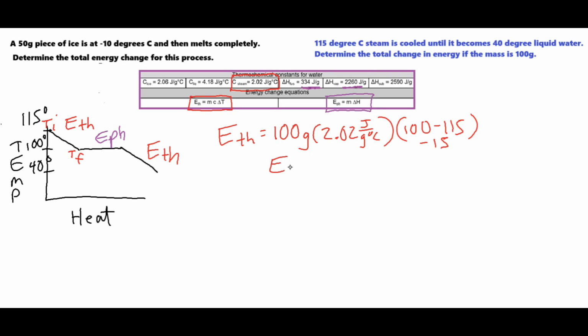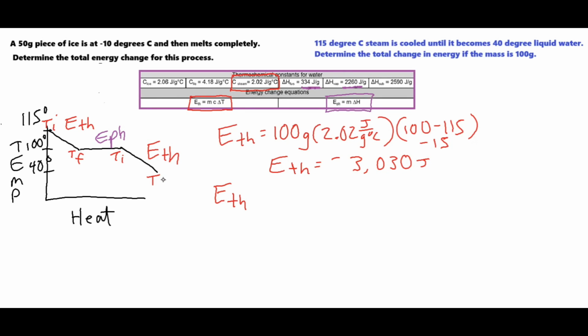So now that the heat is being released into the surroundings, we get a negative value after we multiply these three: negative 3,030 joules.